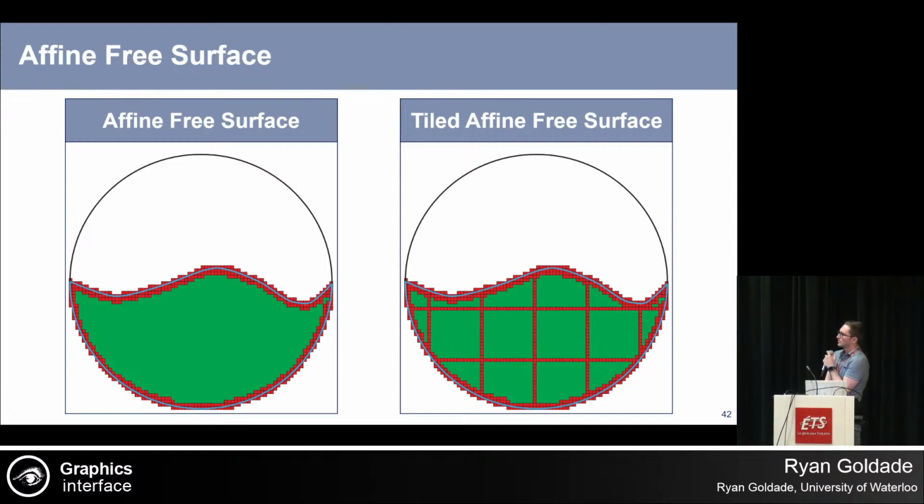So for small bubbles, using one affine region is okay, but for large simulations like a splashing liquid in a circular container like this, it doesn't really work. And I'll show an example of that. So we basically said, well, what if we take the affine regions and make them smaller and then just pad them with simulated cells between each region?